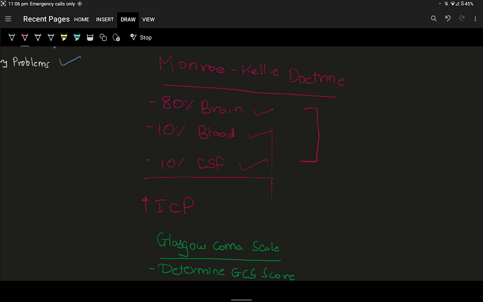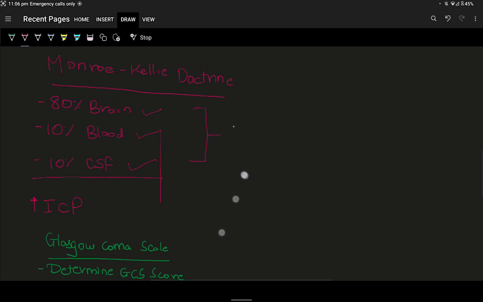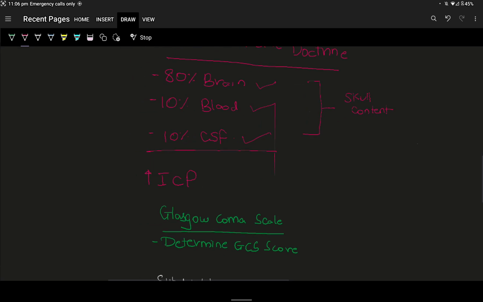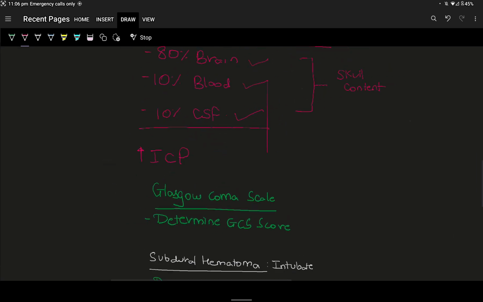So this is the doctrine about the skull content, and in any case there is an increase in one of them, suppose if the blood increases, there should be an equivalent decrease in CSF, so as to maintain the intracranial pressure.